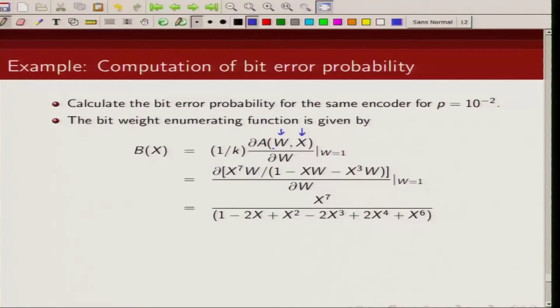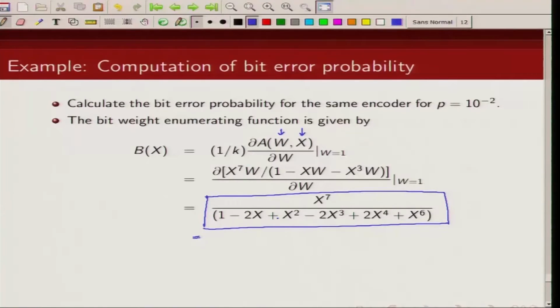For the example that we have considered, we already had the expression of the input output weight enumerating function. If we plug that in, we get the expression for the bit weight enumerating function like this, and then we can divide this by this. So, we will get x^7 plus some terms like that.